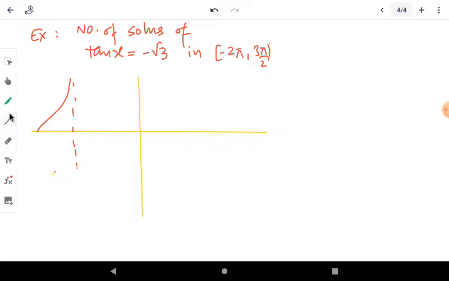The asymptote we can draw like this, guys.